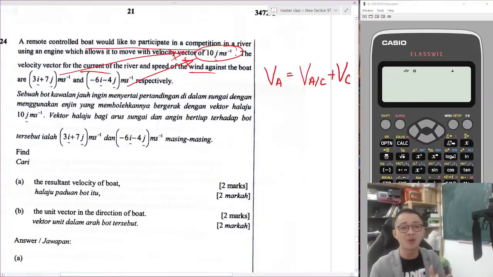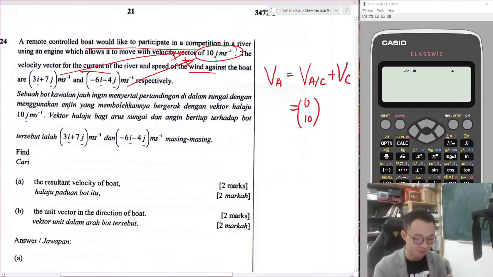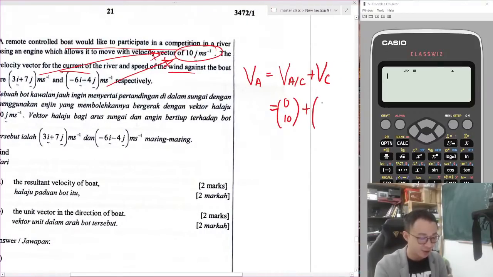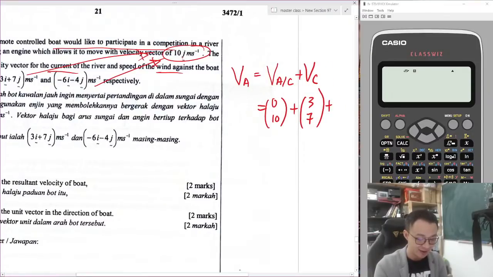So this is what we call relative velocity. In this case, my relative velocity is basically 0 and 10, because 10j means 0 for i and 10 for j. And right now I have both currents, which is 3 and 7, and at the same time also -6 and -4.